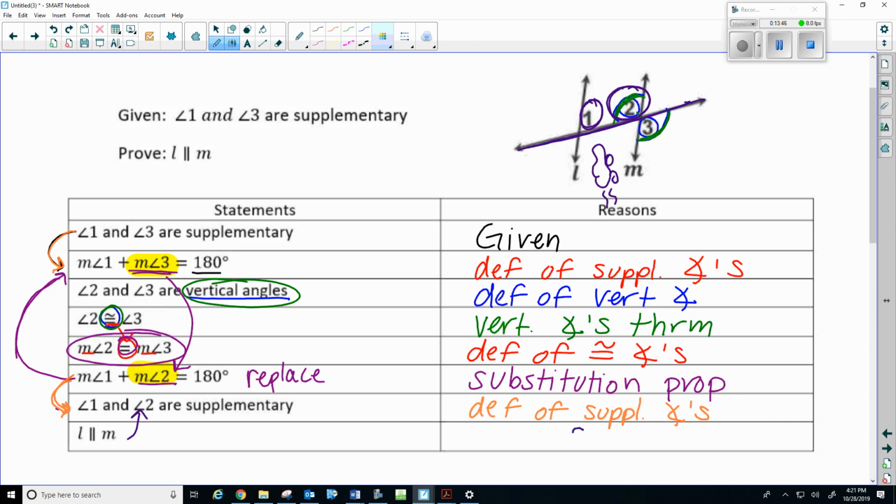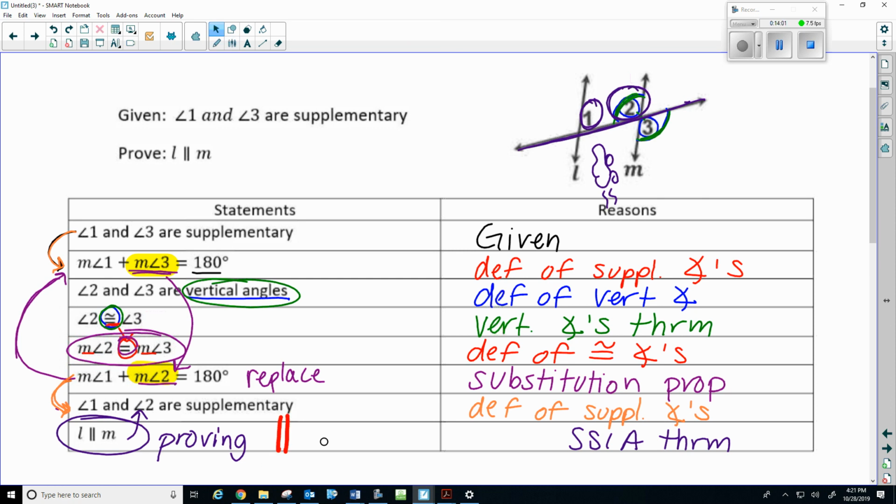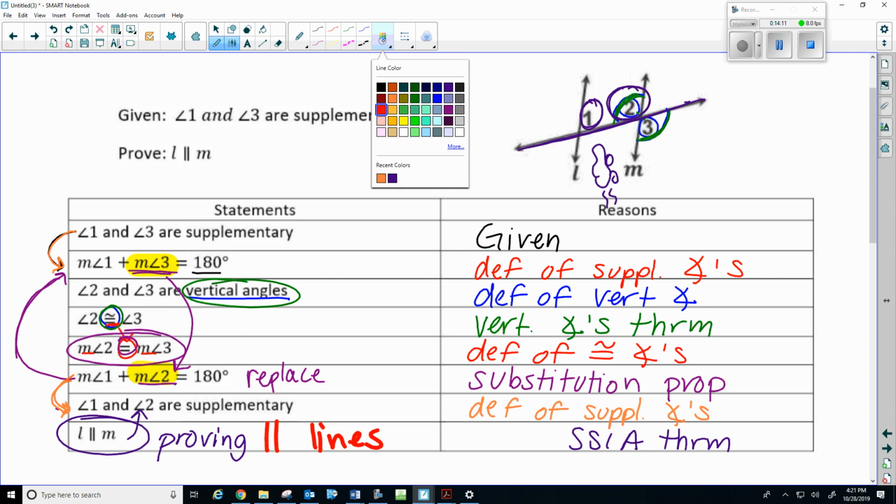So we're going to have our same side interior angle theorem, but because we are proving parallel lines, and I know in my class we wrote proving parallel lines above the section, okay? Oh, I keep doing that. Okay, so proving parallel lines, we are dealing with a converse.